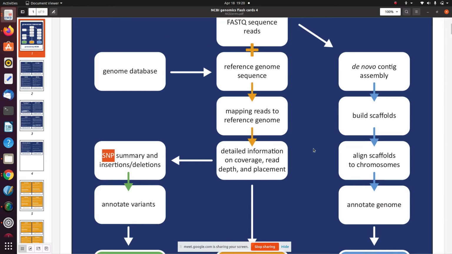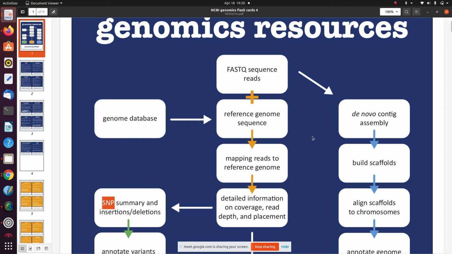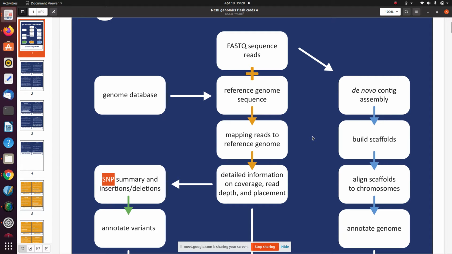For consensus assembled genome, what are the steps? FASTQ reads, sequence reads, reference genome sequences, mapping reads to the reference genome, detailed information on coverage, read depth, and placement.